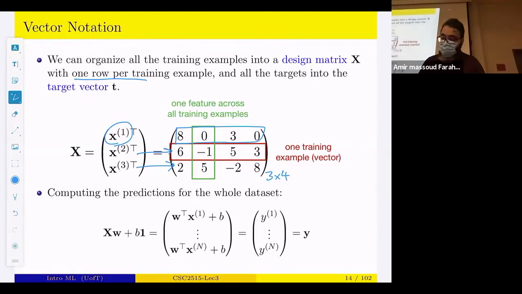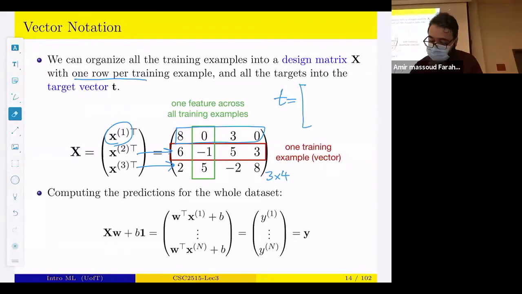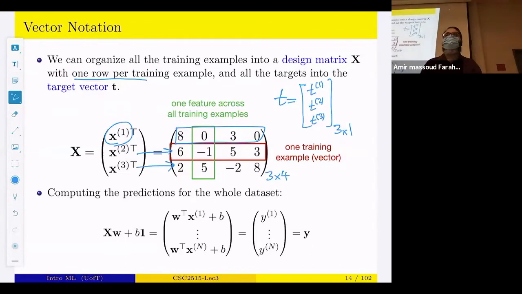And then we can also put the target values in the same way. Here we have 3 points, so we have 3 targets: T1, T2, and T3. So it would be a 3 by 1 matrix or vector.